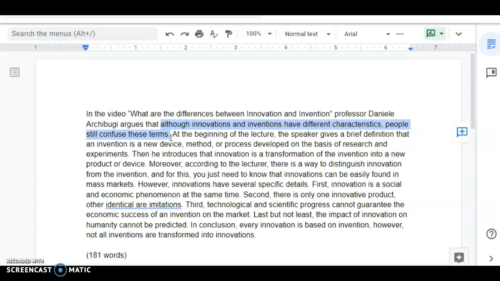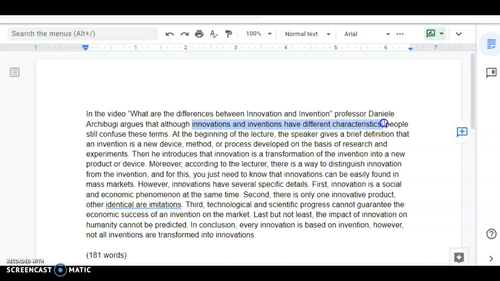you could say that there are crucial differences in some of the characteristics of inventions and innovations or something like that, but it's going to sound very strange.